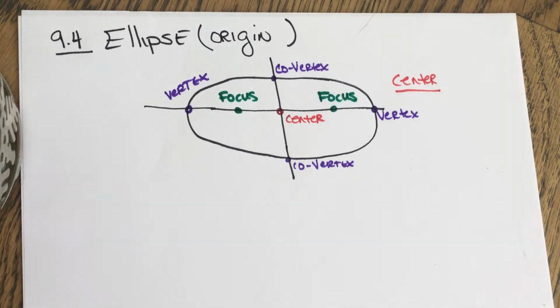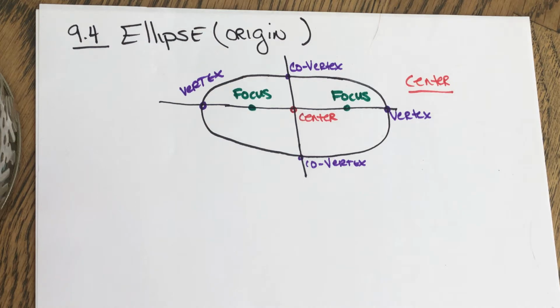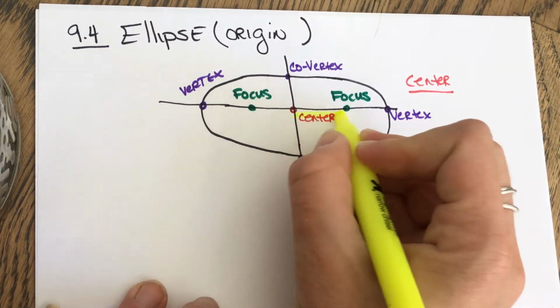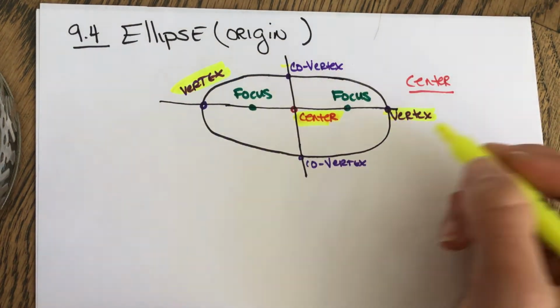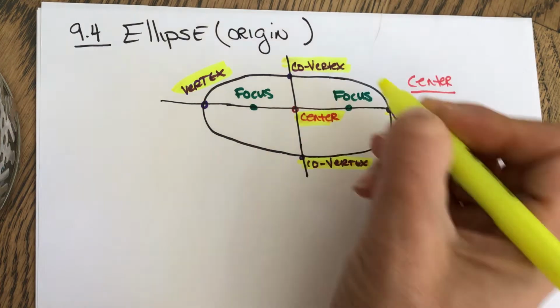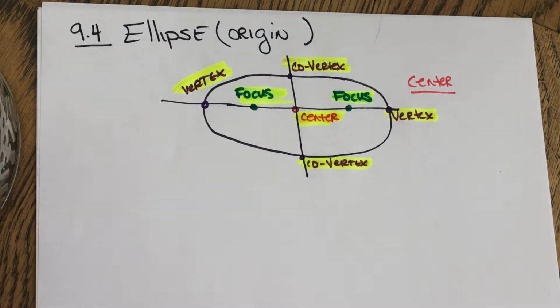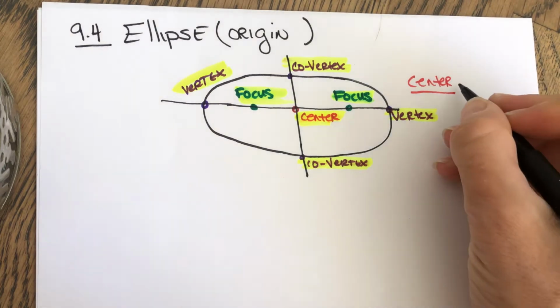Okay, those are the main characteristics, and I'm going to go through something, so just bear with it, but those are the things that we're going to be finding. We're going to be finding a center. We're going to be finding, because I want to talk about the key characteristics, the vertex, the covertices, and our foci, focus for singular.